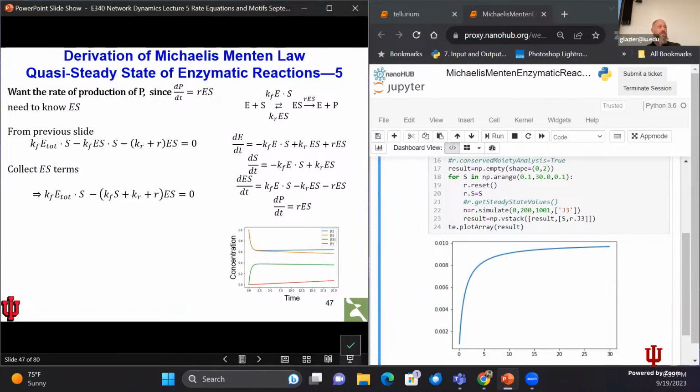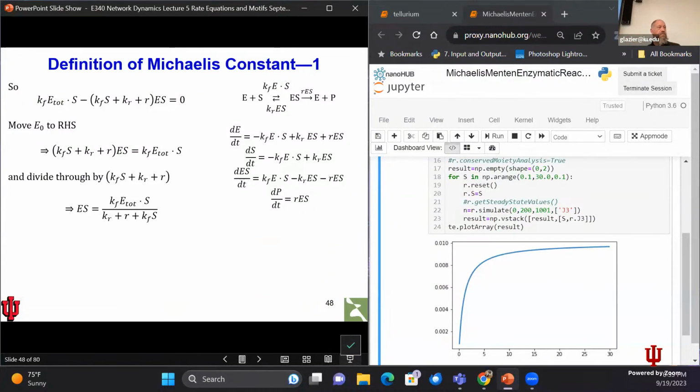So now I move Kf E total times S to the right-hand side, and I divide through by the thing in the brackets. And my result is that ES is Kf times E total times S over Kr plus R plus Kf times S.